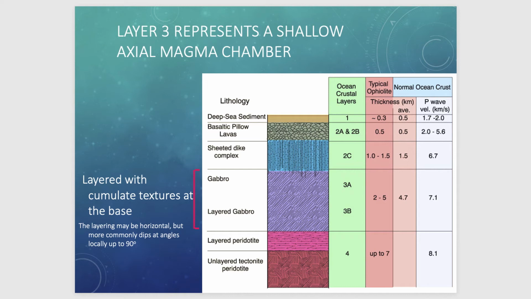Clearly the velocity is getting higher because of the increasing density, so the P waves are up to 7.1, and the thicknesses are slightly higher, on the average of 4.7 kilometers. Typically they go from 2 to 5.